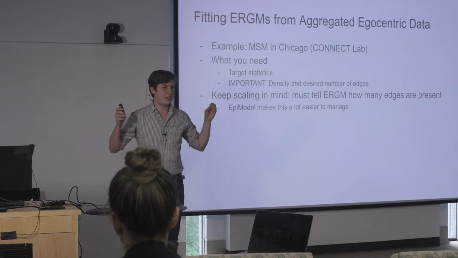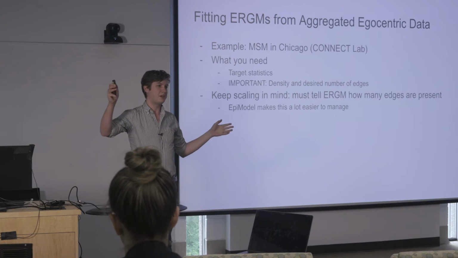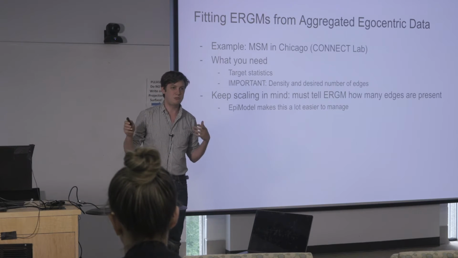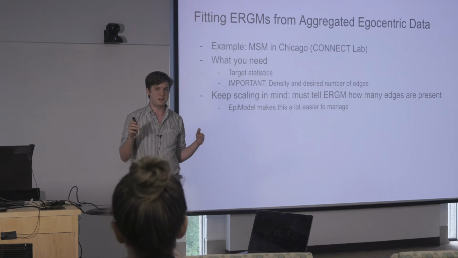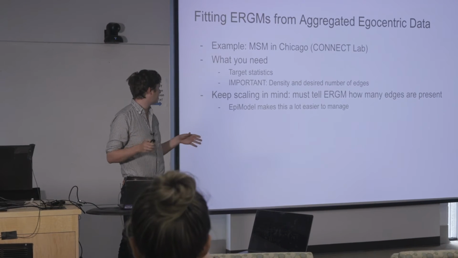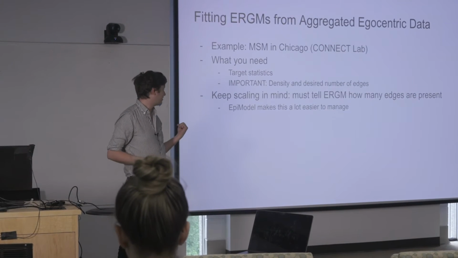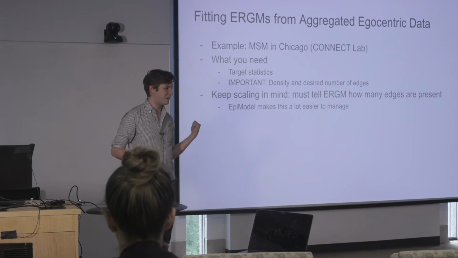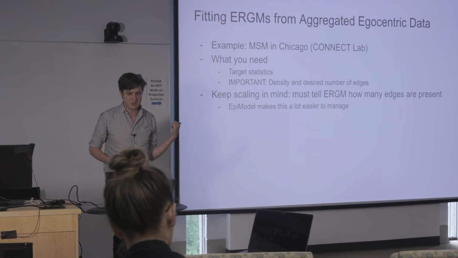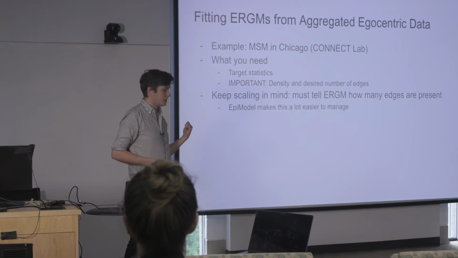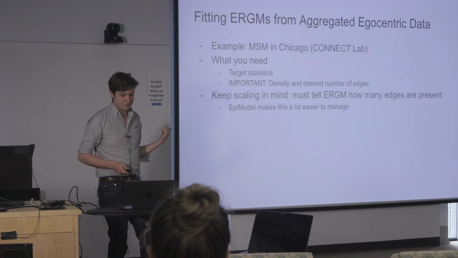As you're scaling up the size of the population that you want to simulate, you need to take density into account and the desired number of edges just to make sure that things are going okay. The EpiModel package does a lot of this for you with very simple arguments. Again, if simulation of disease transmission is your end game, EpiModel will offer a path forward.